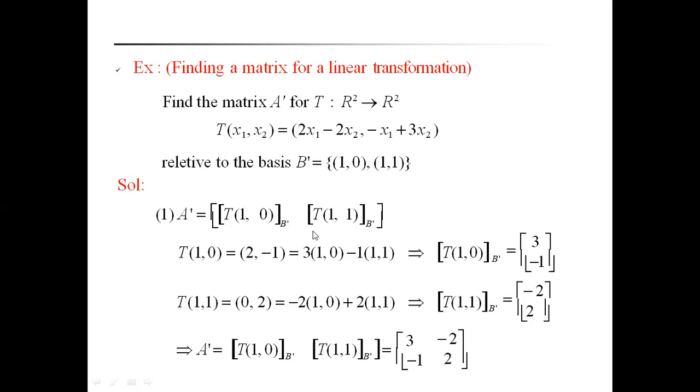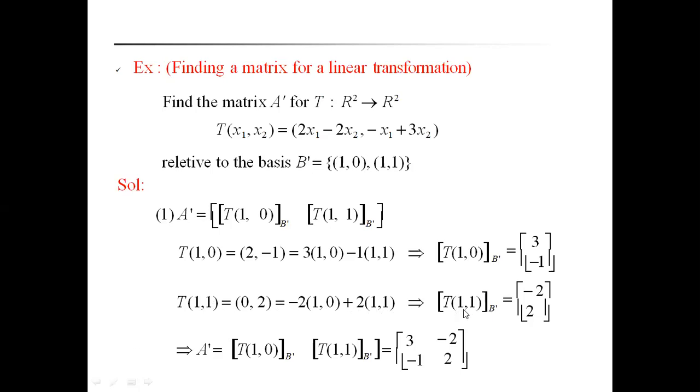Similarly, to find T of (1, 1), substitute the values here: 2 minus 2 is 0, minus 1 plus 3, that is 2. (0, 2) can be represented as a linear combination of the vectors of the basis B dash, that is minus 2 into (1, 0) plus 2 into (1, 1).